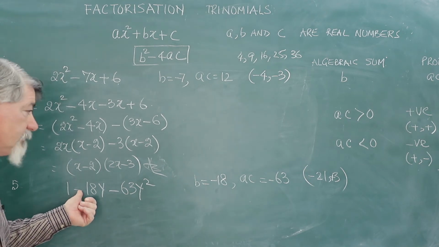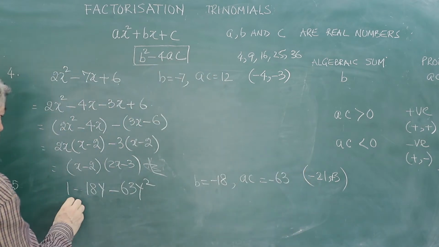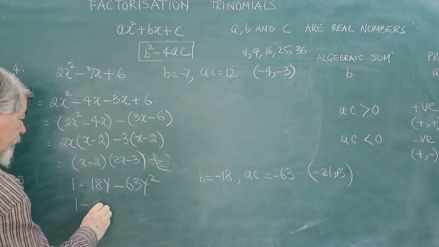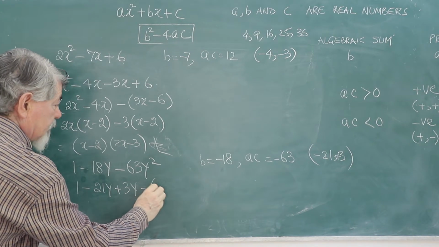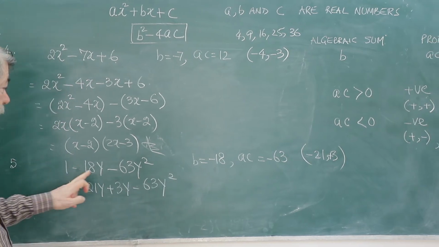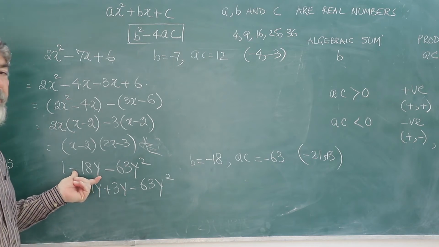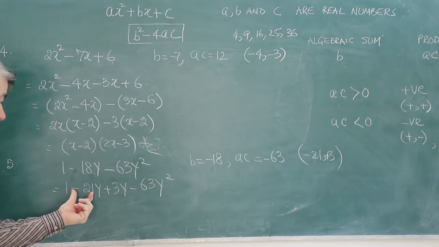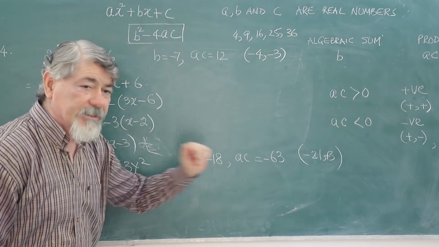And because here it is minus 18, the bigger term should take that sign. 1 minus 21y plus 3y minus 63y squared. Minus 21y plus 3y will give you minus 18y, and when I multiply minus 21 into plus 3, I will get minus 63.